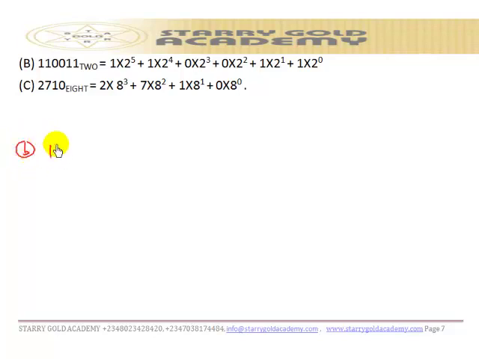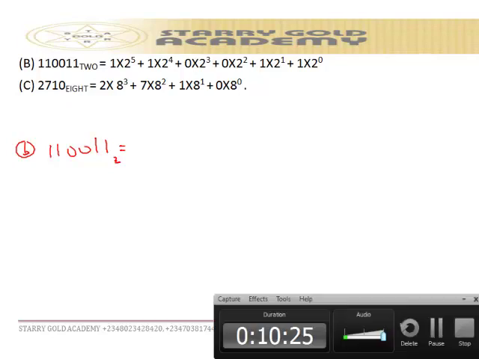So we have 110011 base 2. How do you expand this? I already gave you the tactics of expansion: to expand you need to check your base and look at the place value system from your unit to the highest place value.